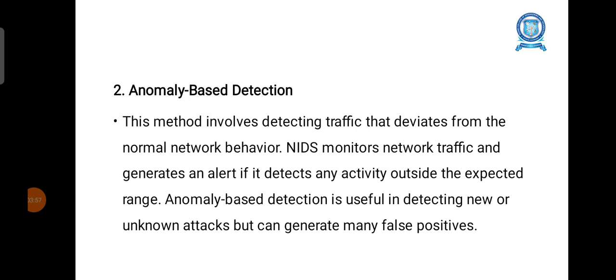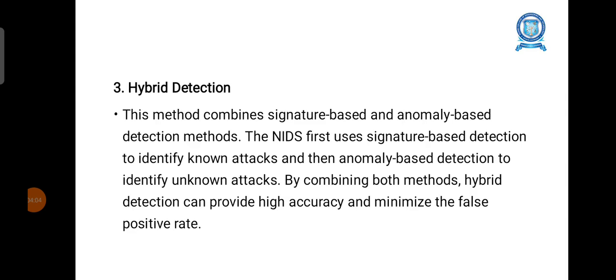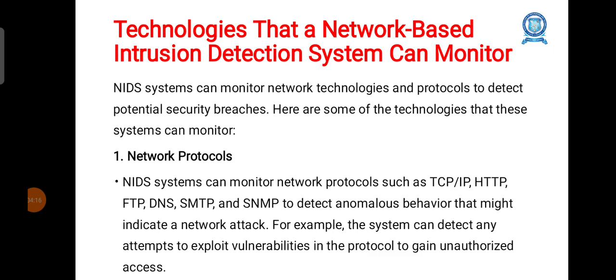Then the necessary actions will be taken to protect from the abnormal network traffic. Then hybrid detection. In this method, the technology will combine both signature based as well as anomaly based detection methods to identify the intrusion.